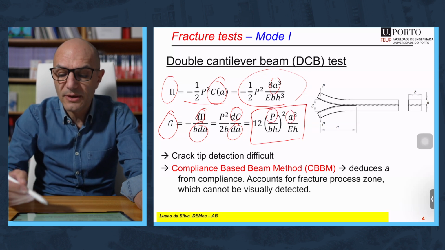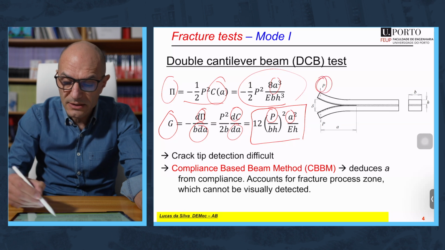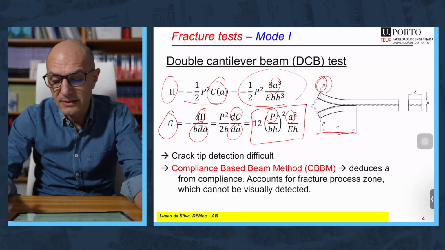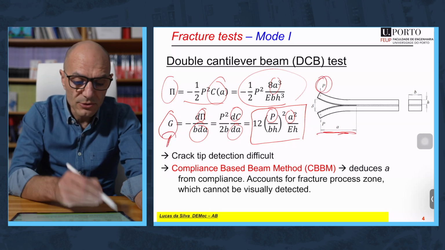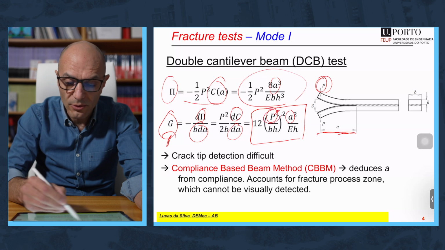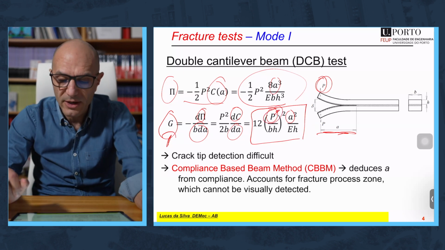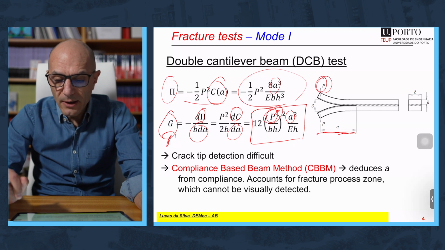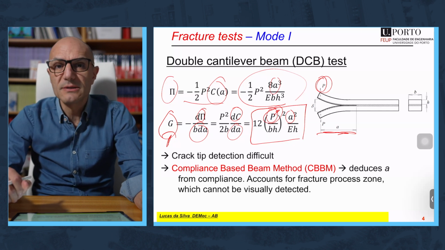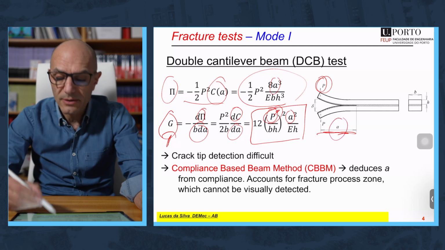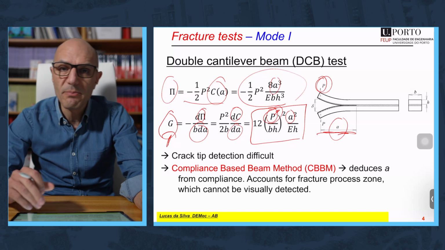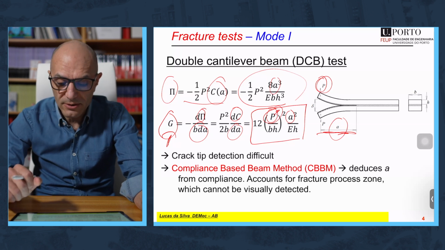So really, during the test, you need to measure this and the crack lengths. And from this, you can deduce the fracture energy when the load corresponds to the moment where you have propagation of the crack. The only difficult thing here is to measure the crack lengths. This will depend a lot on the operator.